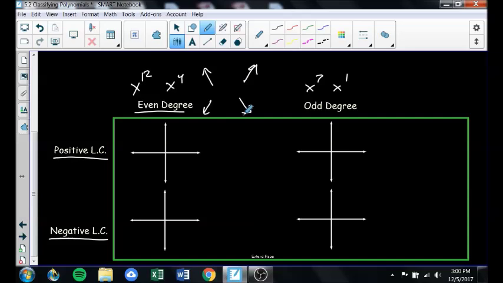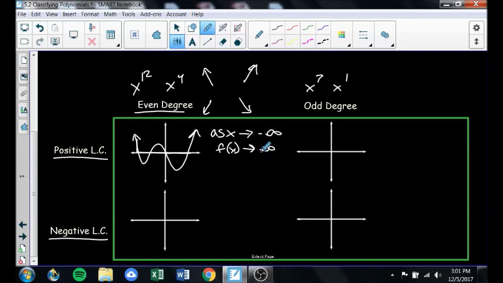So an even degreed function will point up on both sides or point down on both sides. An example is like this. If you have a positive leading coefficient, then as x goes to the left, the graph goes up, and as x goes to the right, the graph goes up. And we phrase it that exact way. As x approaches negative infinity, f of x approaches infinity.